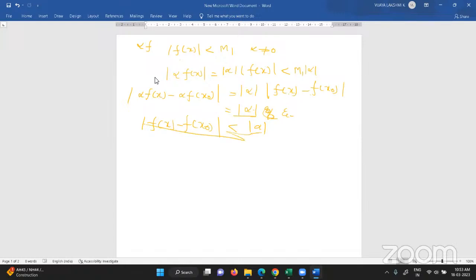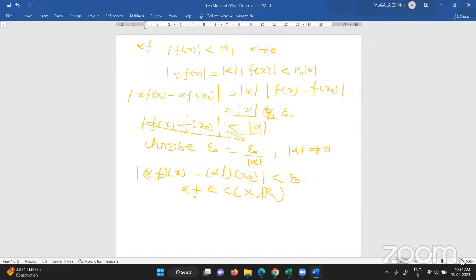So if you choose epsilon as epsilon by mod alpha, for mod alpha not equal to 0, we have mod alpha f at x minus alpha f at x naught is less than epsilon. Therefore, you get alpha f is continuous. Therefore, you have alpha f is bounded and alpha f is continuous, means alpha f belongs to CXR.